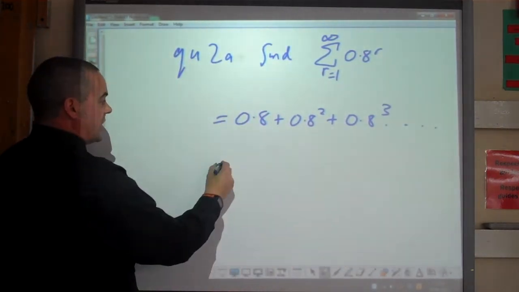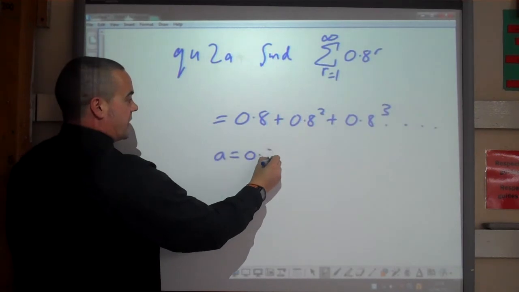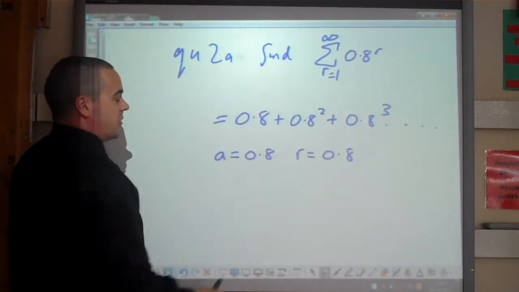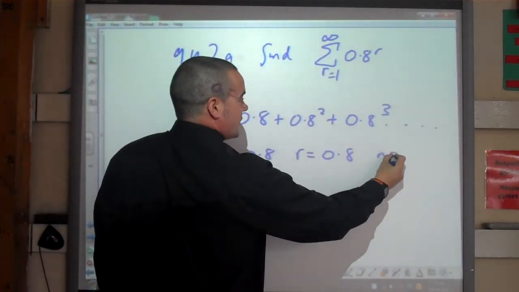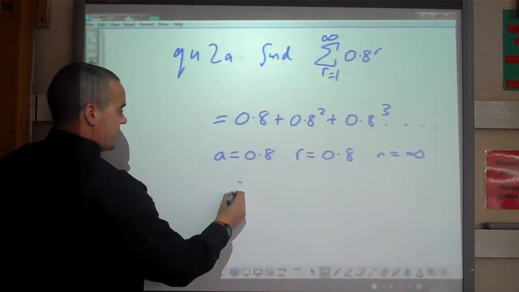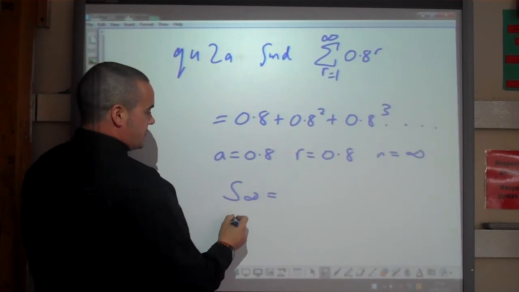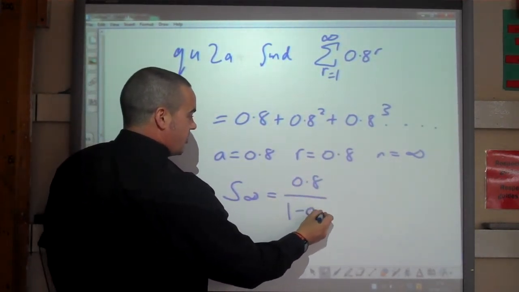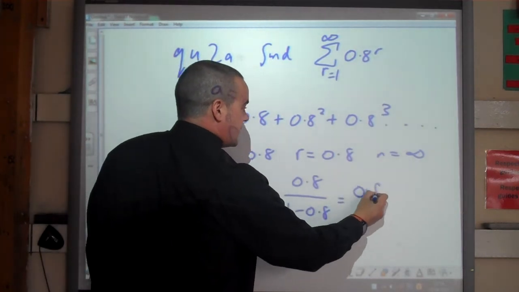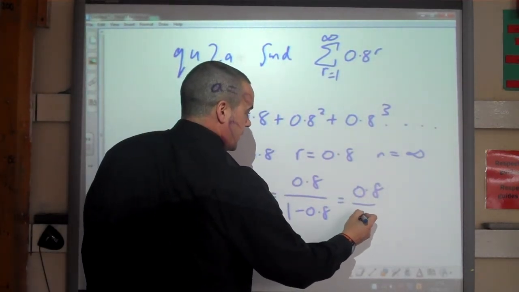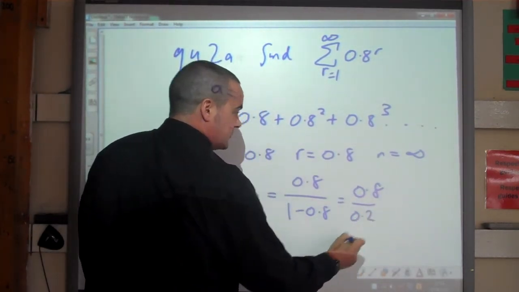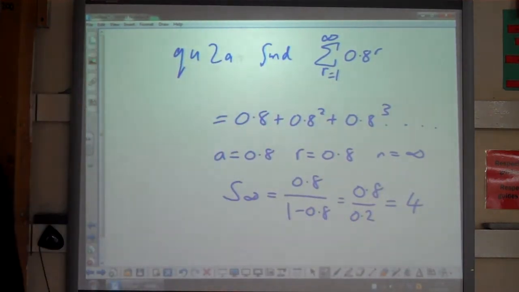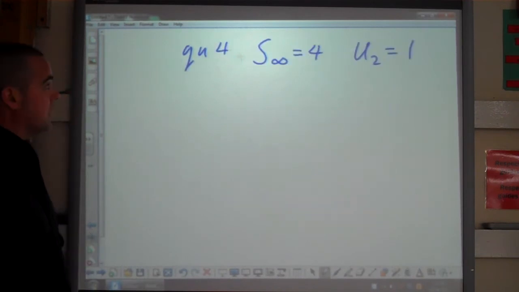So from this, quite clearly a, the first term, is 0.8. r, which is the multiplier, is also 0.8 because I keep multiplying by 0.8. n, we know is infinity. So I can say that S infinity is equal to a over 1 minus r, 0.8 over 1 minus 0.8, which is 0.8 over 0.2, which is equal to 4. Okay, simple enough?